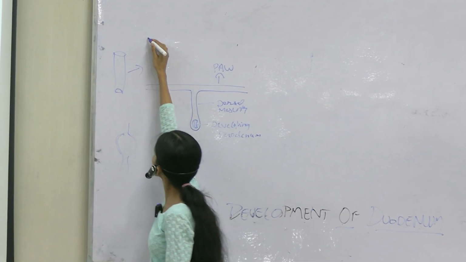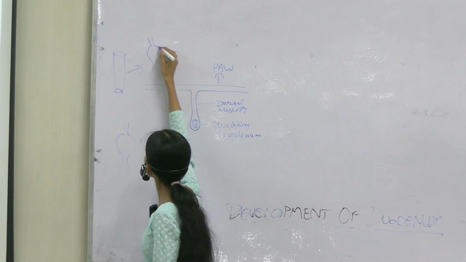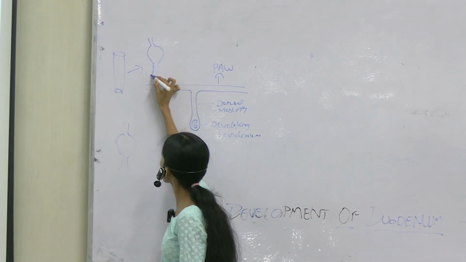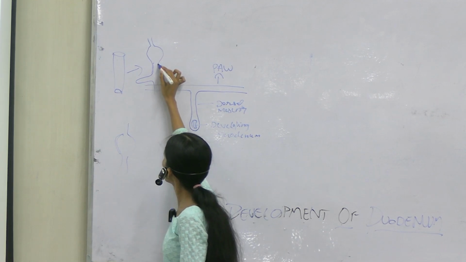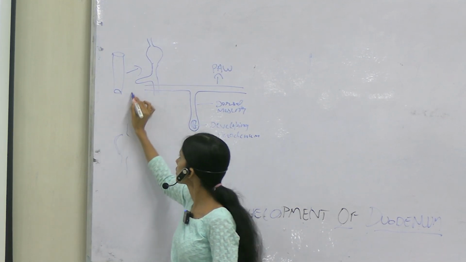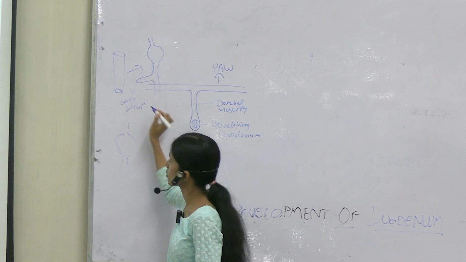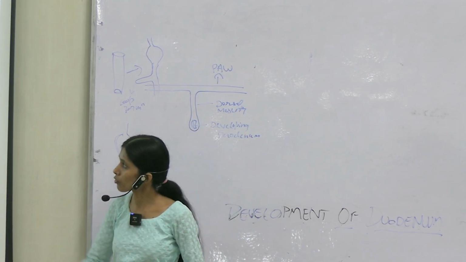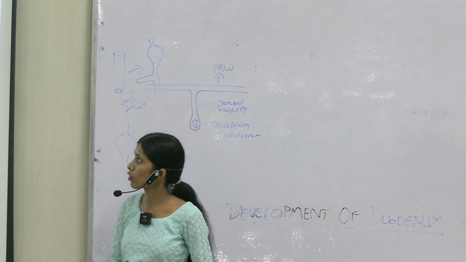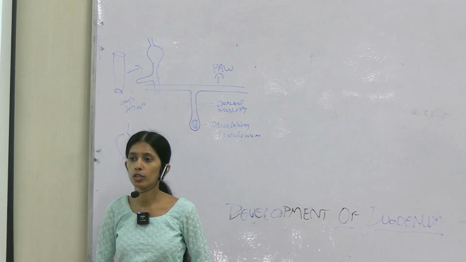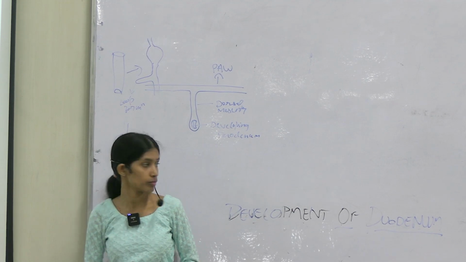So your stomach is going to form a structure like this, whereas your intestine part, that is duodenum, is going to form a loop-like structure. Okay, this is the loop formation of your intestine. So next, if you see, the clockwise rotation of the stomach to the left makes the duodenum loop fall towards the right side.